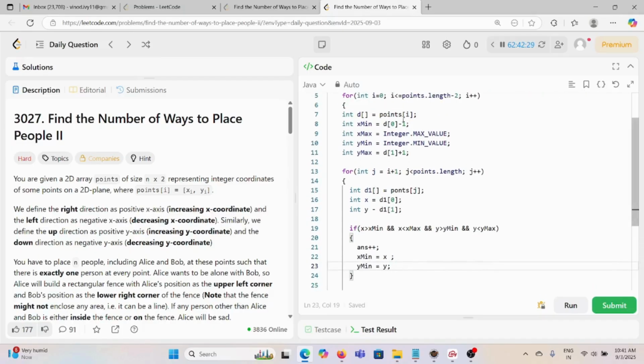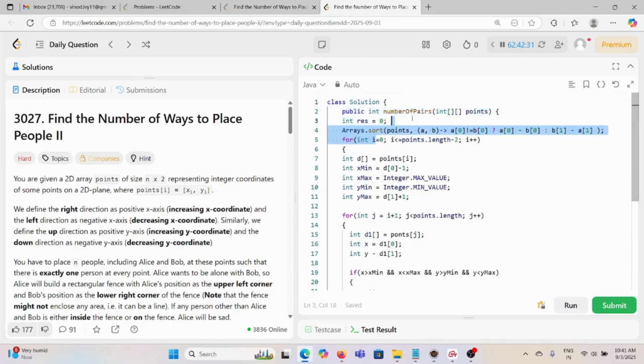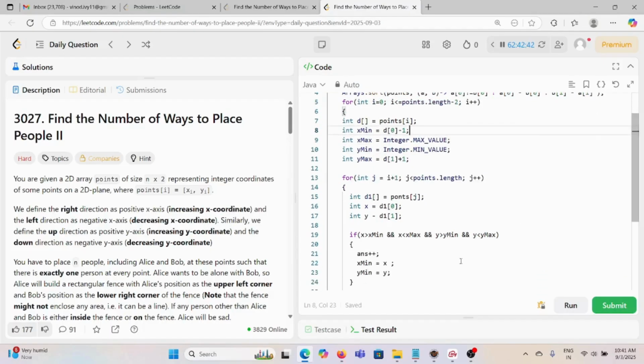You can observe that i is traversing up to the second last location, so that we look for all these potential pairs where Alice could be placed and Bob could be placed on the right of it, if this condition is matching.